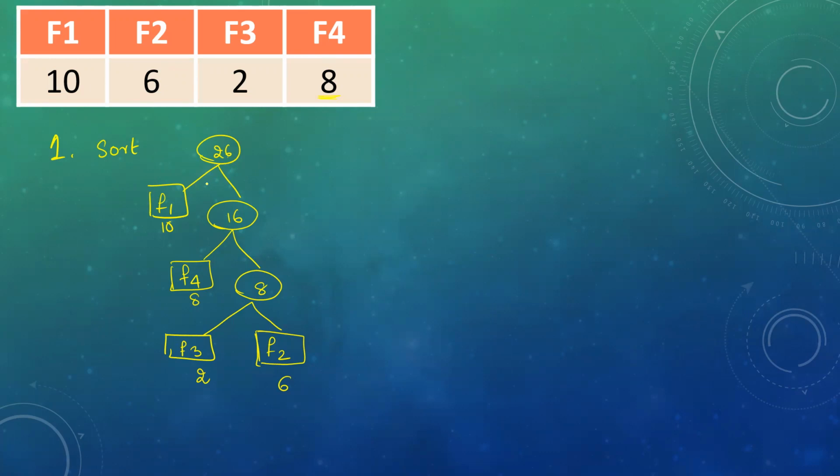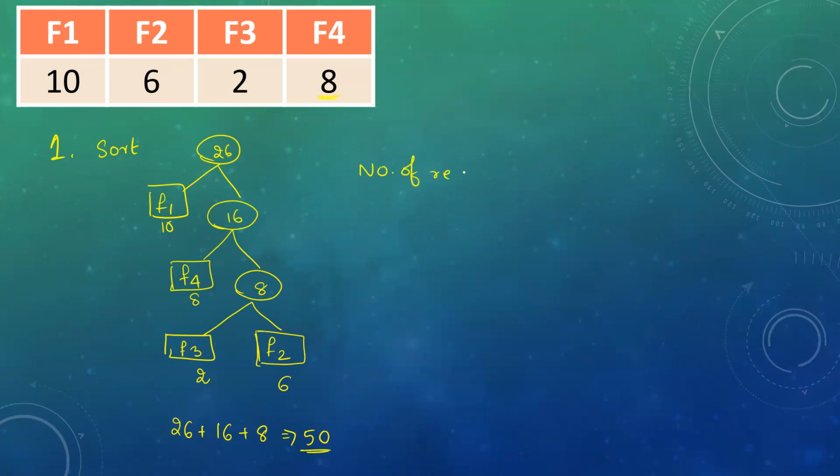So now, what are the record movements? Here you can say that 26 plus 16 plus 8, 24, 30, and then 50. That is the one. And next is the number of record movements.